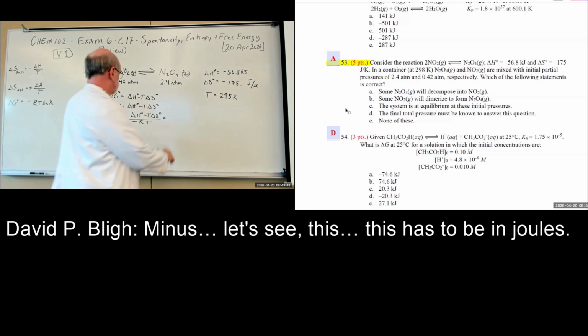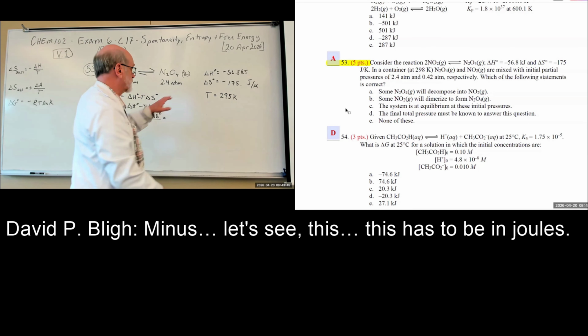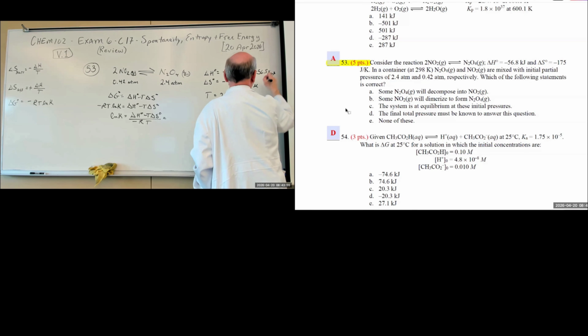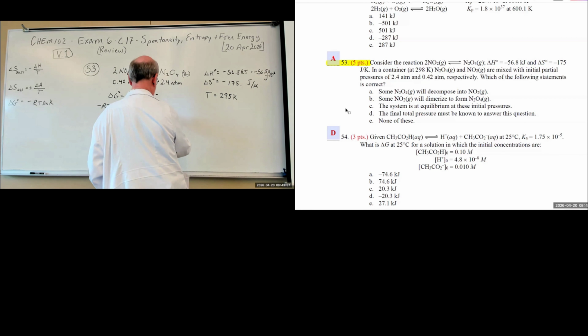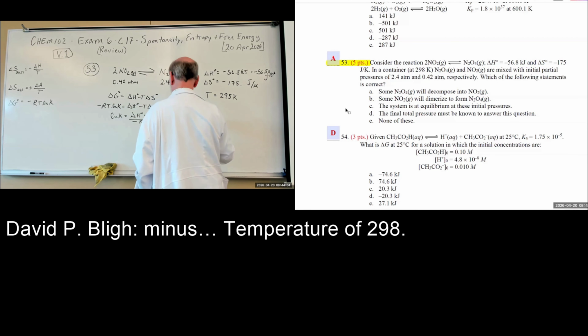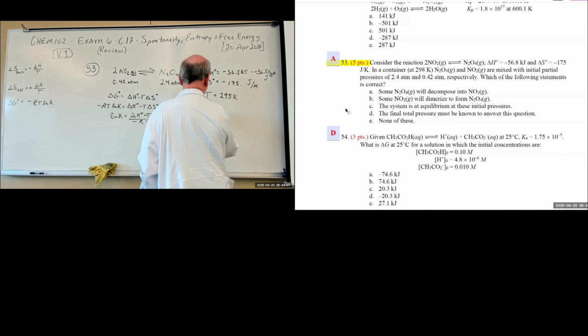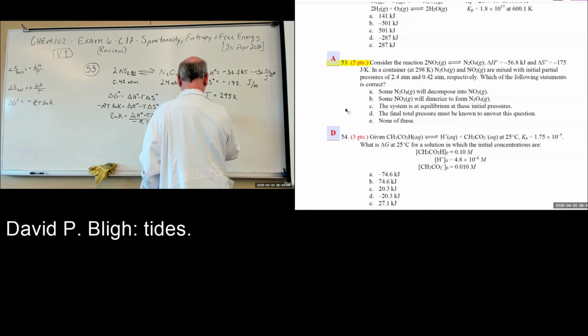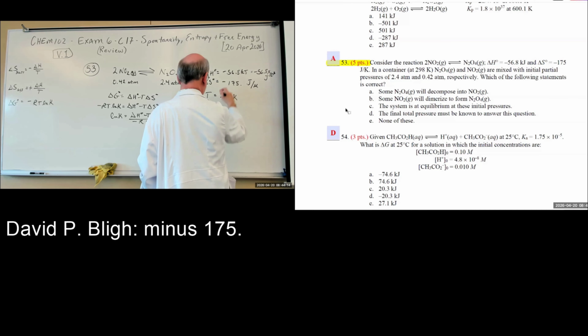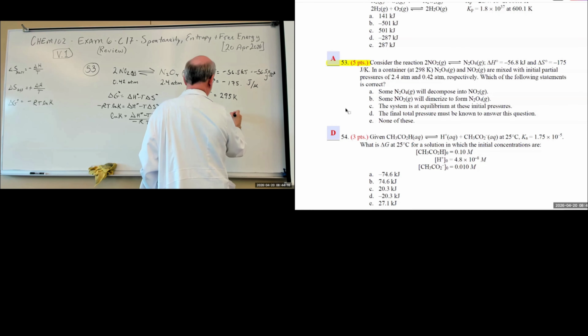Okay, so we can plug in minus, let's see, this has to be in joules. Right. So we need a negative 56.8 times 10 to the third joules. Minus temperature is 298 times delta S minus 175.